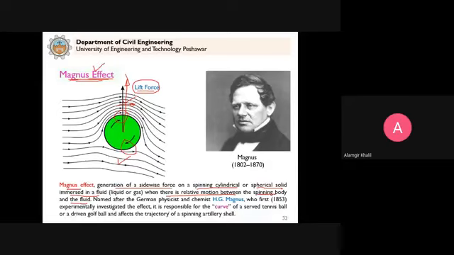And this Magnus effect is responsible for the curved path of the tennis ball, driven golf ball, and the trajectory of the spinning artillery shell. So when you hit the ball and the ball is spinning, moving through the air, it will follow a curved path. This is due to this effect which is known as the Magnus effect. Clear? It was observed by Magnus, so that's why it is named after him.